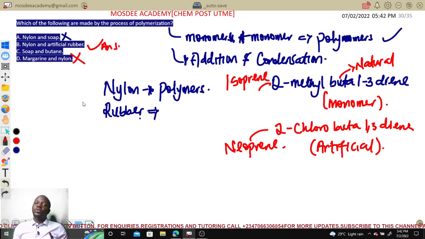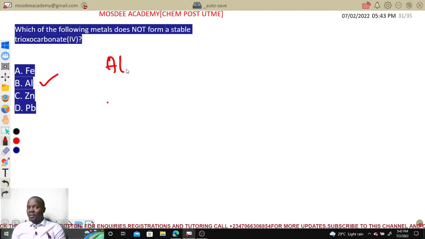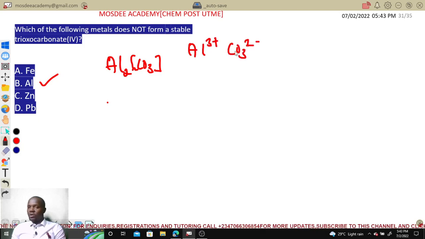So the next question is 31 of 35. We're almost there. Which of the following metals does not form a stable trioxocarbonate? The answer to this is aluminium. Yes, aluminium does not form a trioxocarbonate at all. And if it's formed, it's going to give you Al2(CO3)3. It is Al3+ with CO3 2-, and it is not common in nature.